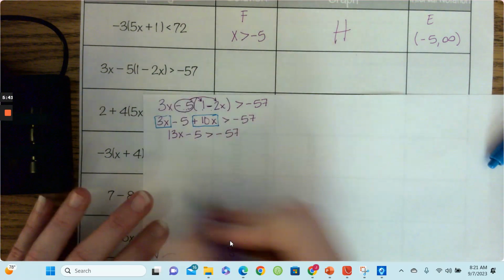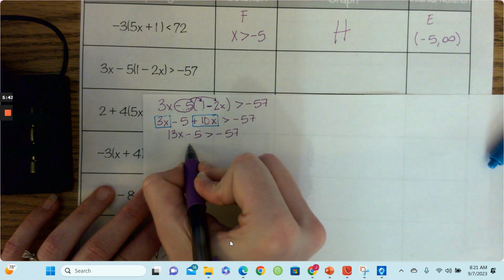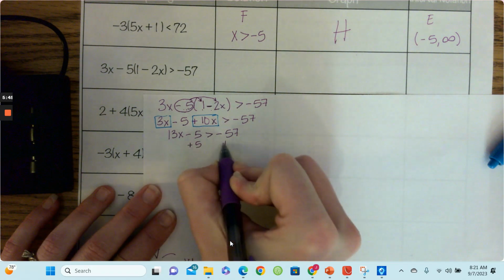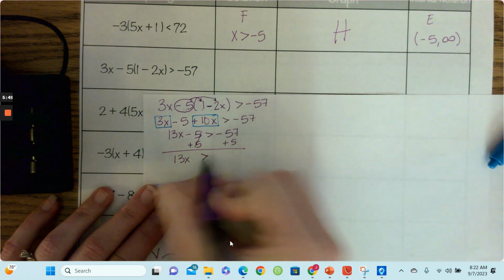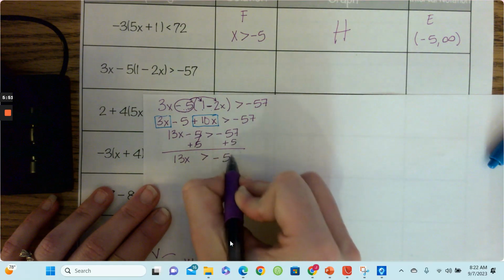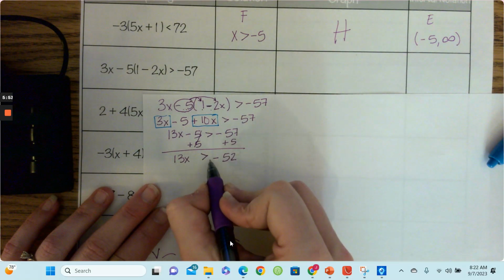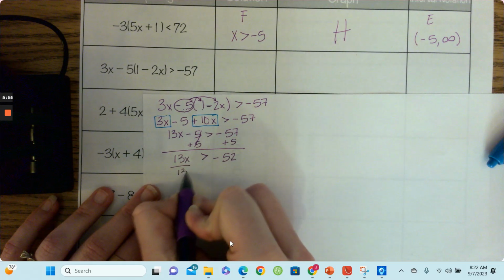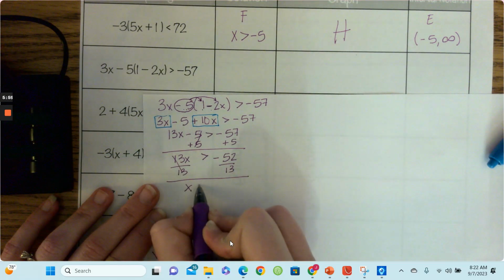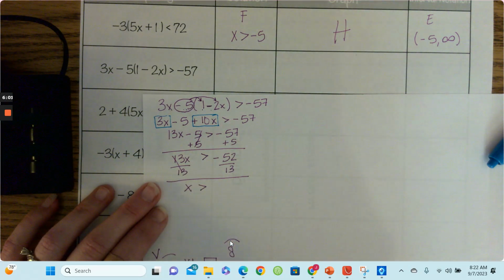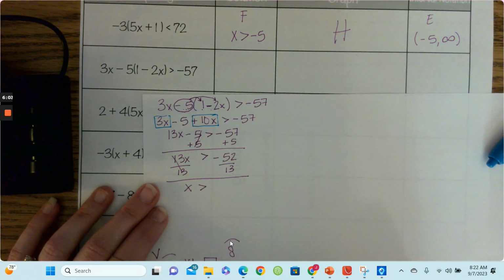And then again, from here we should be smooth sailing. So add 5 to both sides. That makes negative 52. Somebody do that for me really quick. Negative 52 divided by 13. 4?